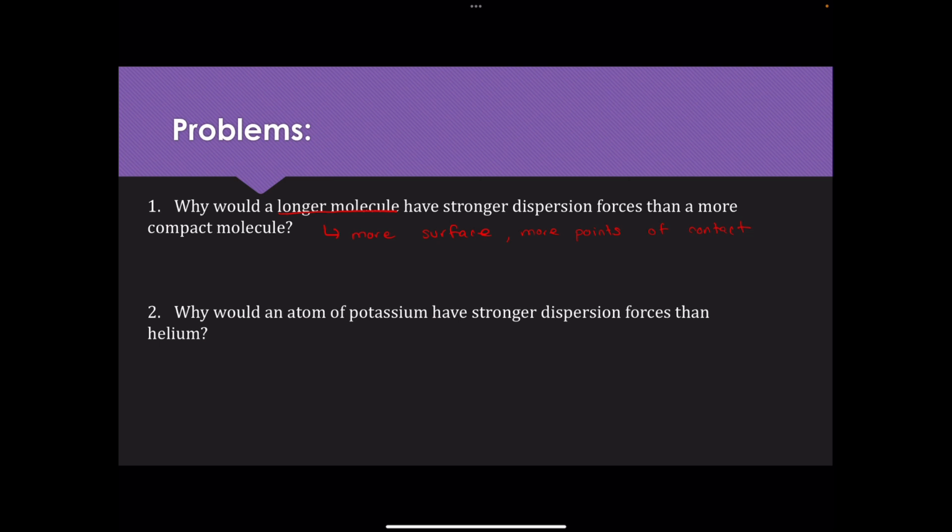Now, next we're asked about why an atom of potassium would have a stronger dispersion force than helium. So we said our strength depends on size. So longer and larger substances. Here, if we're talking about atoms, if we compare potassium to helium, potassium is a larger atom. So we've got to remember our trends for atomic radii.